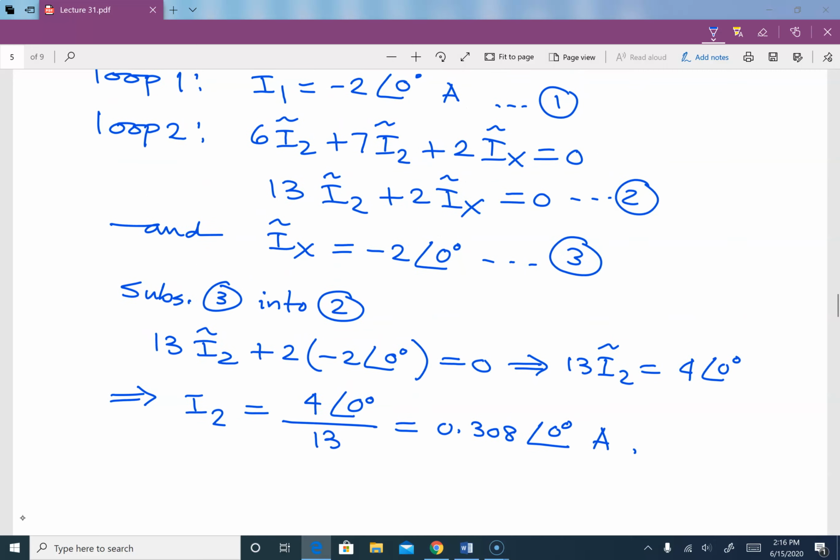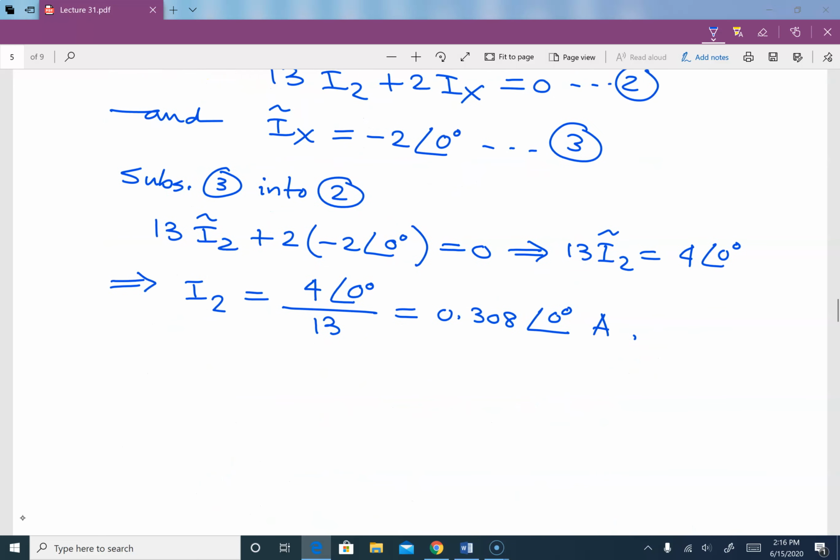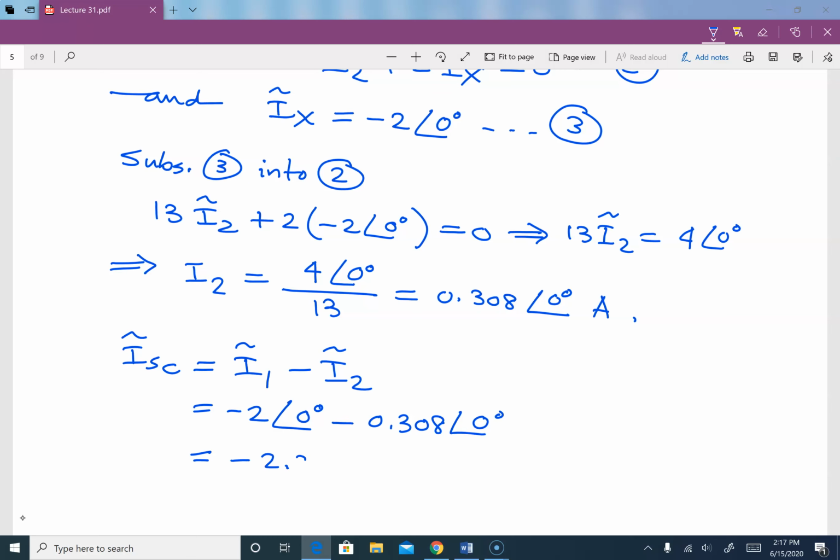So now I2 is known, and I1 is known, because I1 we said is negative 2 with angle 0. So our I short circuit based on this circuit is I1 minus I2. I1 is negative 2 with angle 0 minus I2, which is 0.308 with angle 0. And the answer here is negative 2.308 with angle 0.